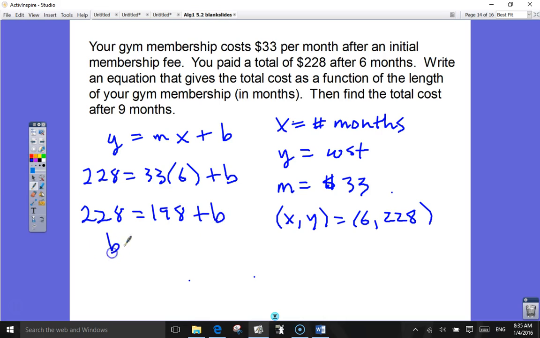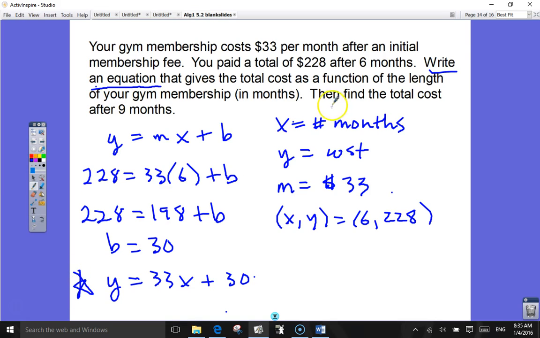So what does b equal? Get out your calculator. 228 minus 198, 30. So here's our equation. Y equals 33x plus 30. Okay, now that's the first part of the question. Write an equation. That's the equation.